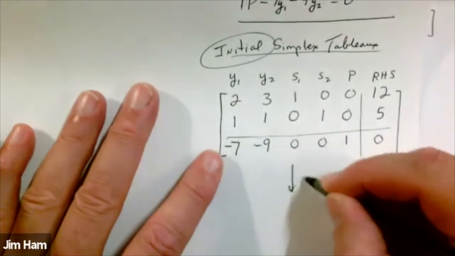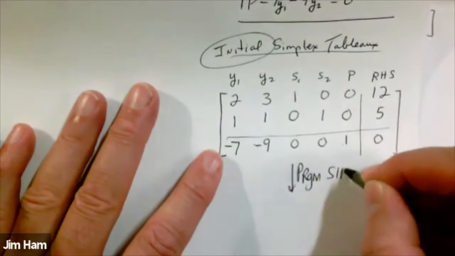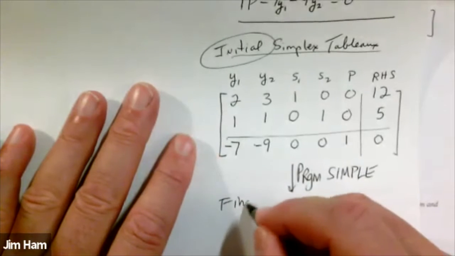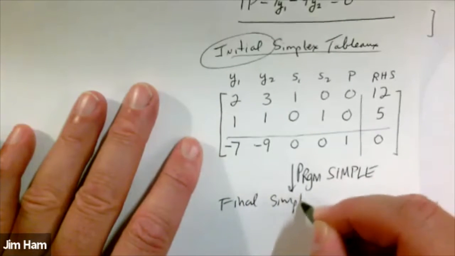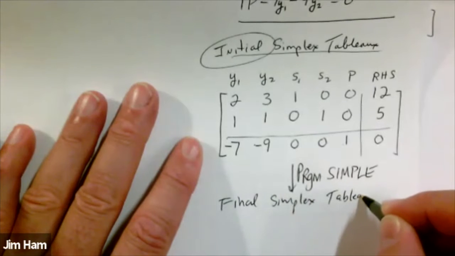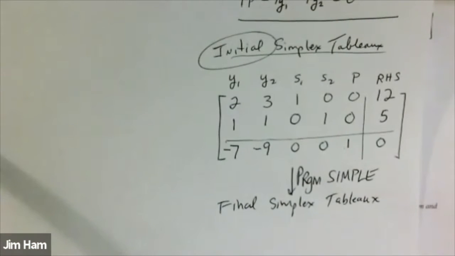We're going to run program simplex, and it's going to return for us the final simplex tableau. And once we get this final simplex tableau, then I will show you how to interpret it. That is, you know how to interpret most of it.